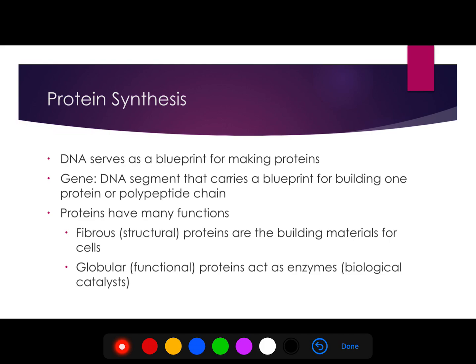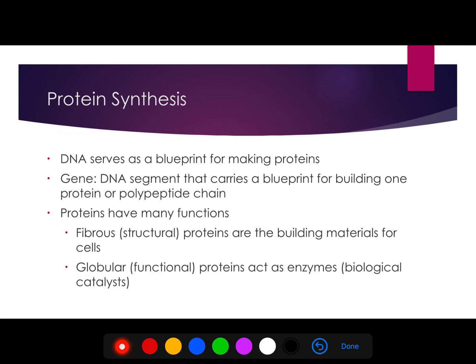Specifically, we have parts of DNA called genes. These are the parts of the DNA that are actually involved in the production of protein. So those are the specific segments of DNA that code for proteins.